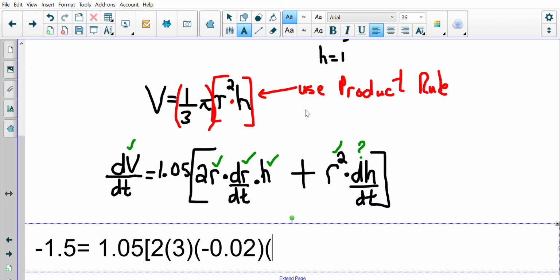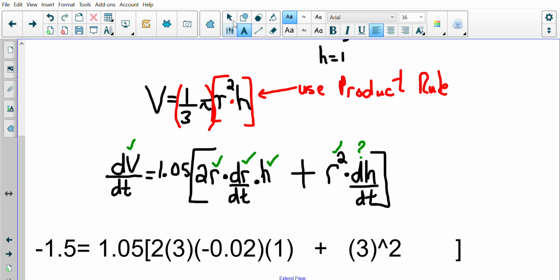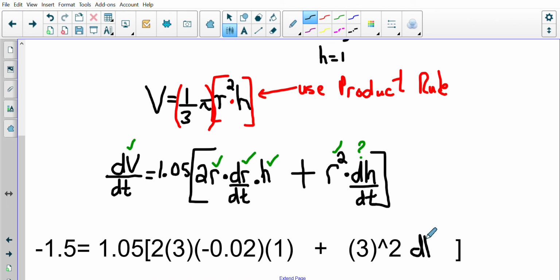And then don't forget I've got that h there too. H was just a 1. Good, that's not going to do too much. All right, plus r squared. So again, r is 3, so I'm going to have a 3 squared. And then we're trying to find dh dt, so I'm going to plug that in right here.